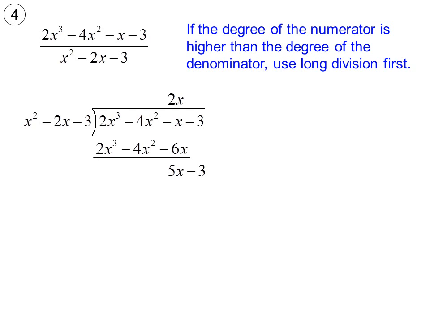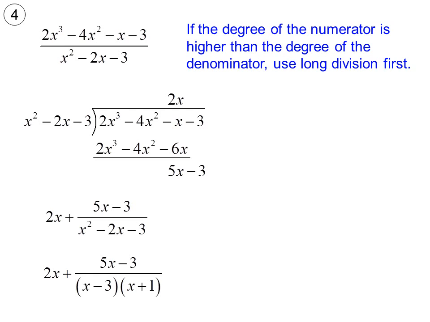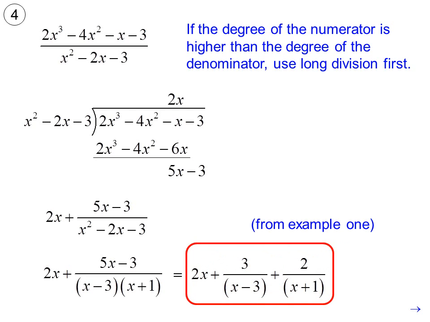When we subtract, we get 5x minus 3, which is our remainder. So we can write that as a fraction. And we get 2x plus 5x minus 3 over x squared minus 2x minus 3. Then we can factor the denominator and use partial fractions to get our answer. This is from example 1.